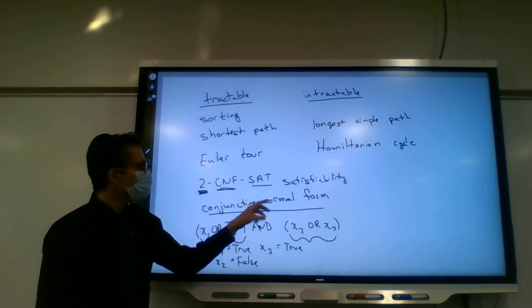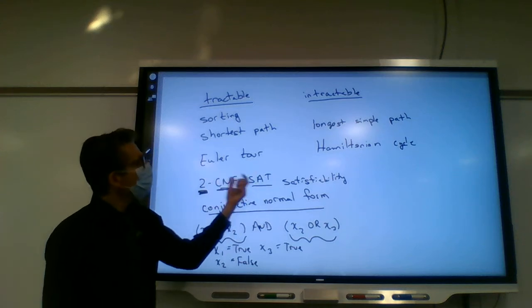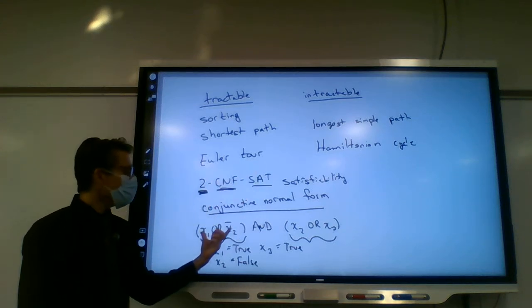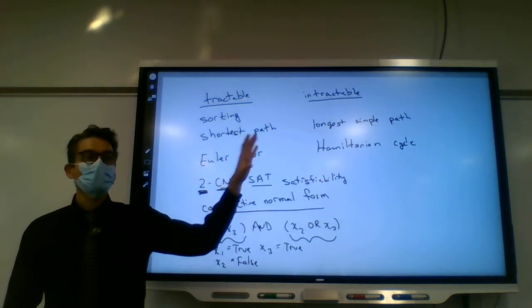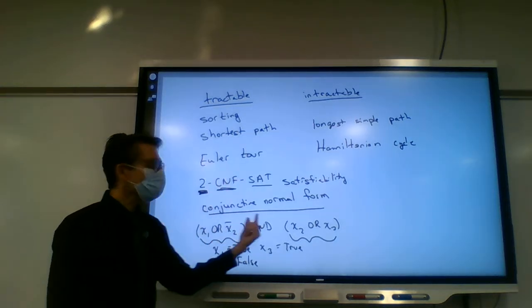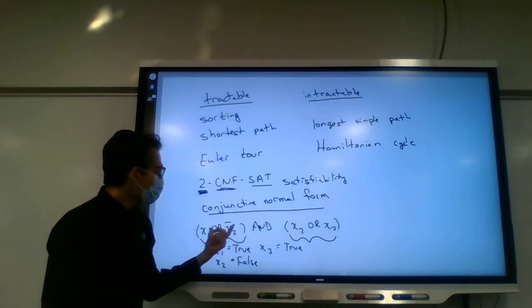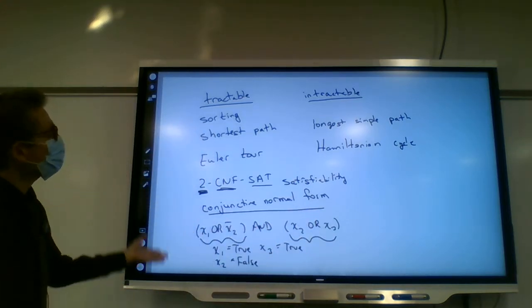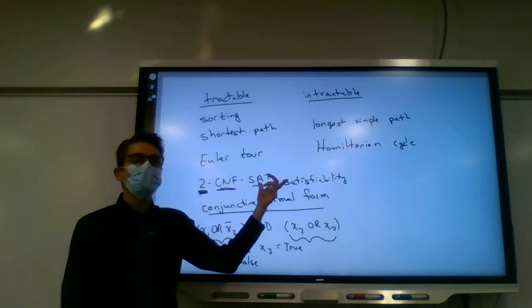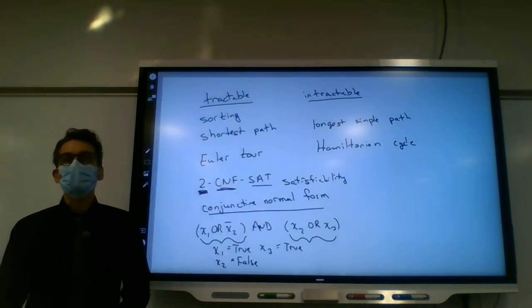All right, but the idea of 2CNF SAT is we might have lots and lots of clauses. They're all ors inside parentheses and ands in between. And there might be as many different variables as you want. But it turns out that we can always solve this problem pretty quickly.